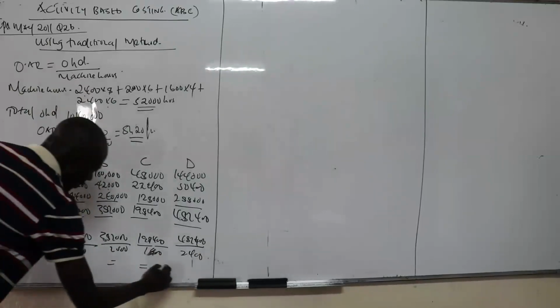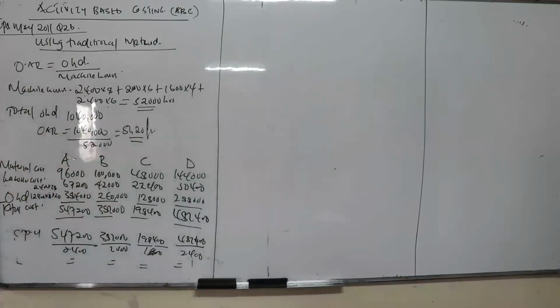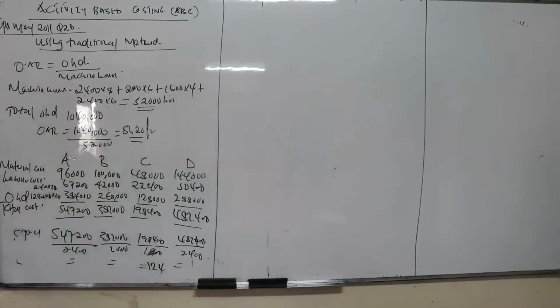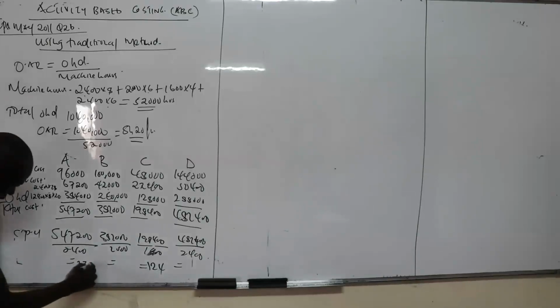So what do you get here? Product C, 124, that is the cost per unit. Product A to B, is it 228?